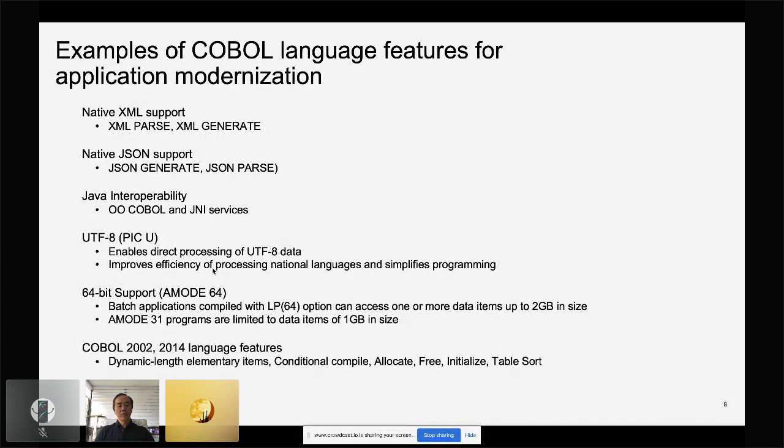So right now with AMODE 31 programs, you're limited to 1 gigabyte. You can only address 1 gigabyte of the data item. But with 64-bit now, you can do 2 gigabytes because it's the first delivery, and you can do multiple data items. So basically, you can expand that addressing mode. And 64-bit is really about addressing; it's not about performance at all.